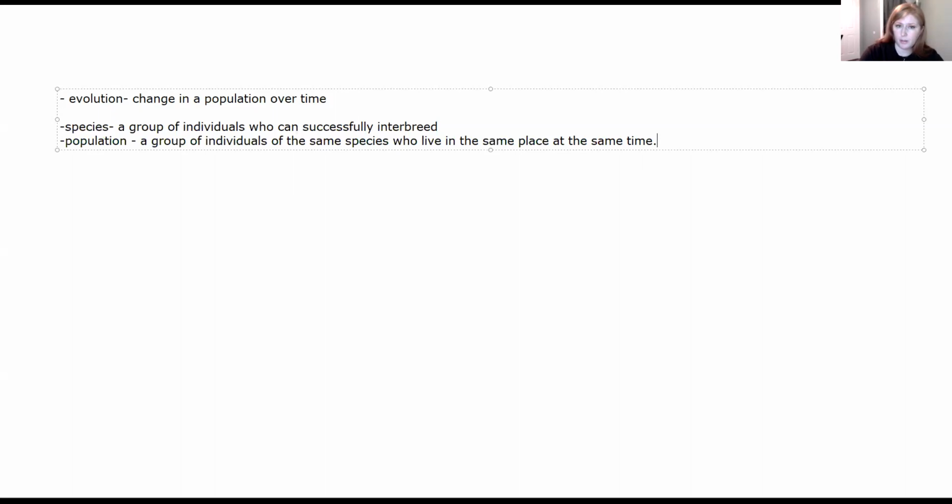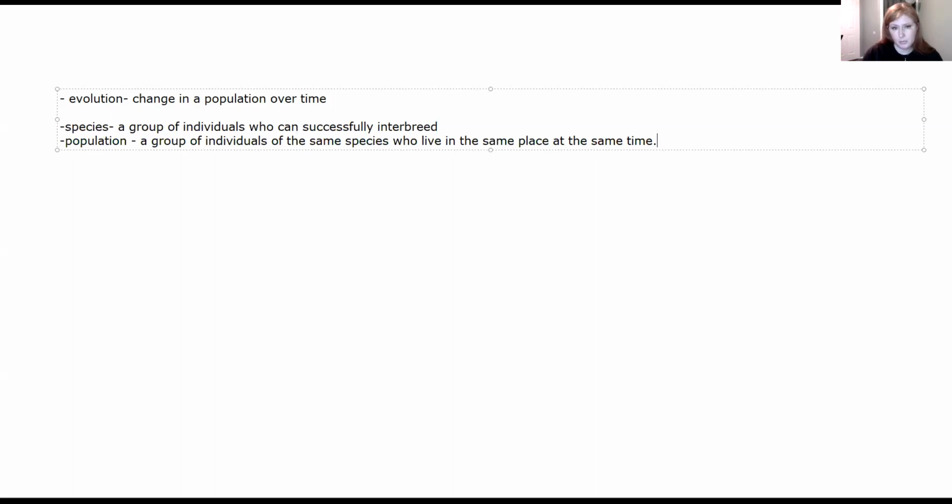So if you're talking about the animal population of St. George, that term is going to be too broad, because notice that in science, a population is a group of individuals of the same species, okay? So you can talk about the coyote population of St. George. You can talk about the tortoise population of St. George, as long as you're talking about the specific species, okay?